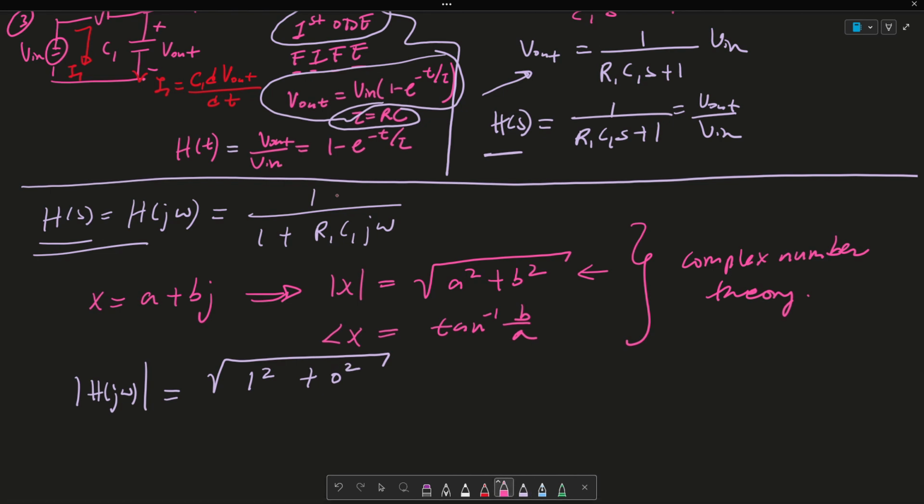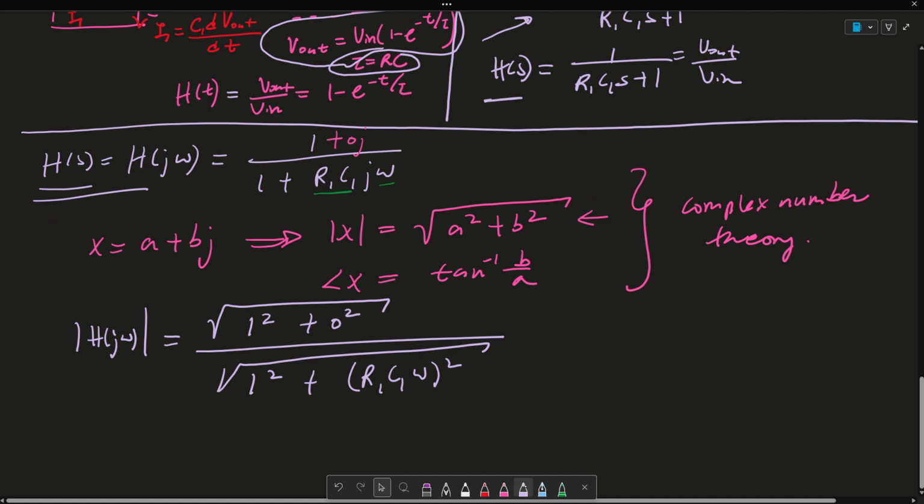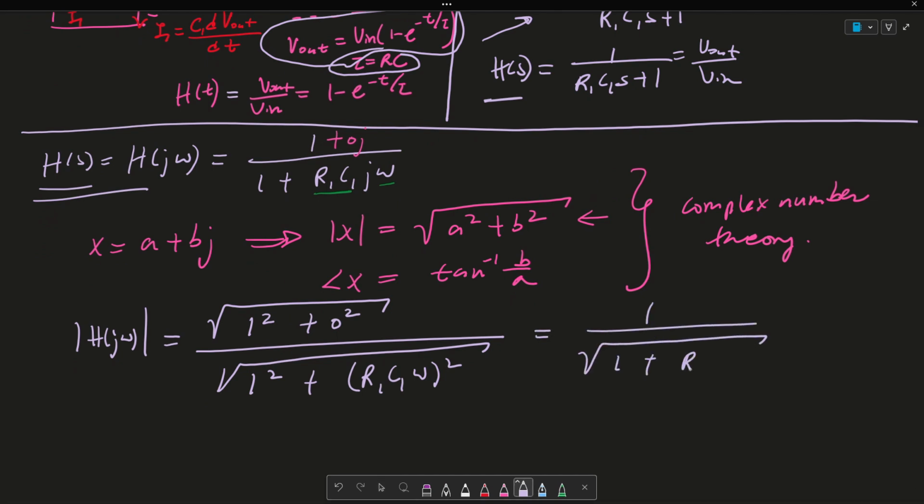Again, imagine that this is a plus 0j, divided by the square root of 1 squared plus R1 C1 omega all squared, because the j term is composed of R1, C1, and omega. And essentially, we can simplify this to just be 1 over the square root of 1 plus R1 squared C1 squared omega squared. And that is your transfer function.